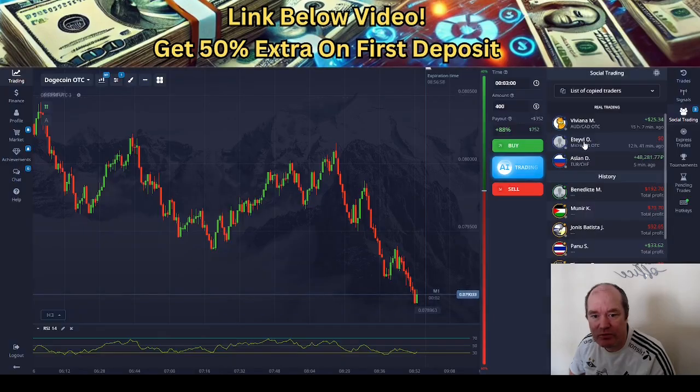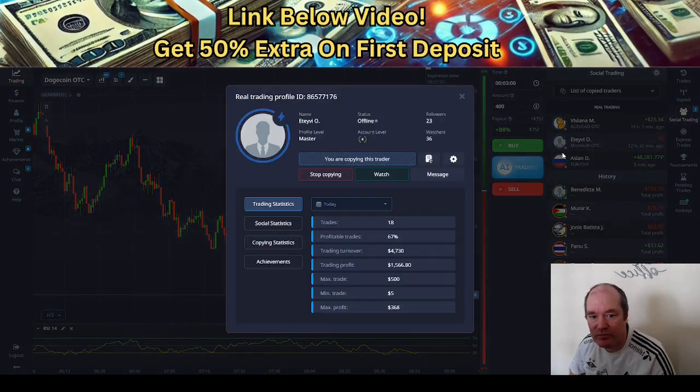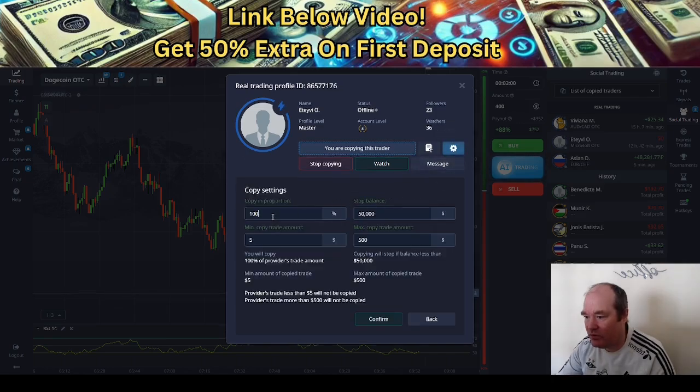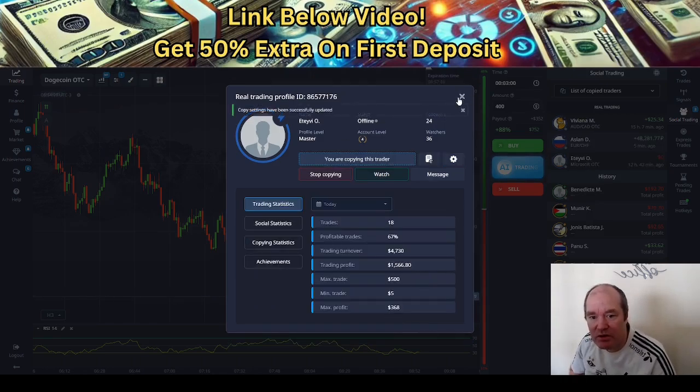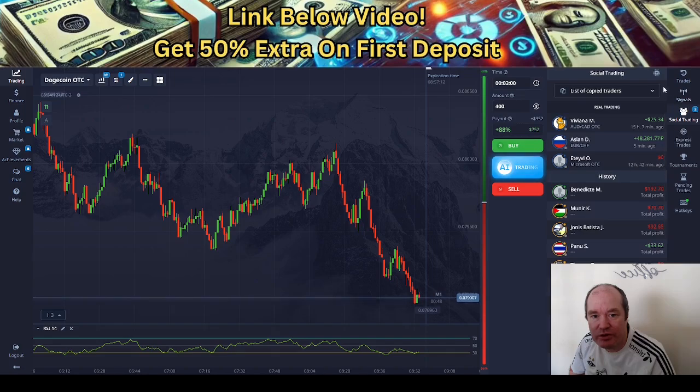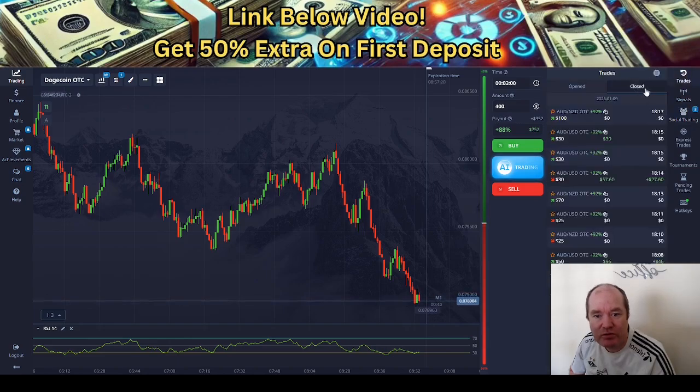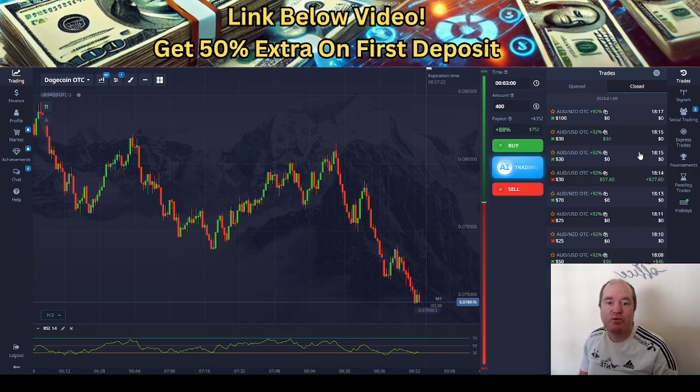Let's do that on this one also. And let's change it for 25%. So we don't go too crazy. We'd rather go in and trade harder when we see that what they're doing is making us money. I think that is a safer way, and then we see what we can do later.